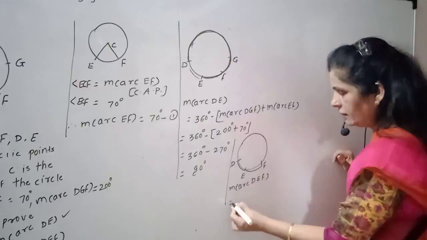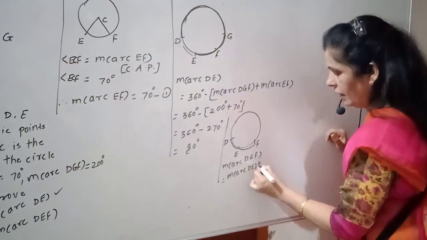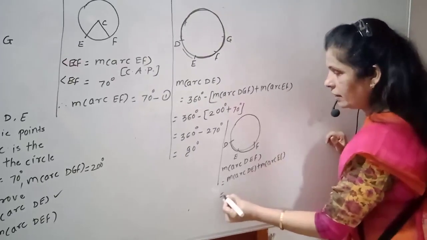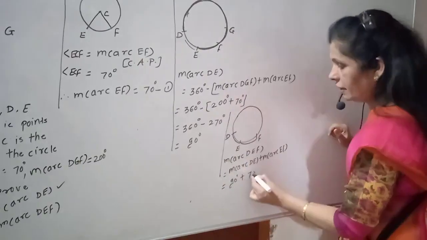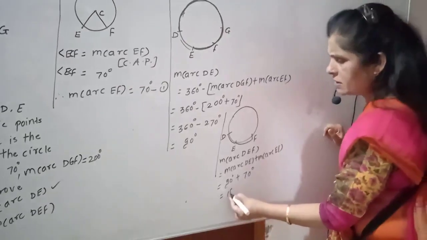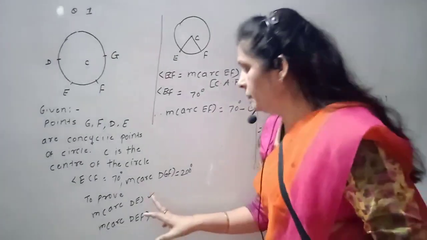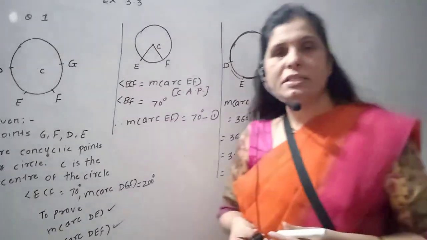I will add measures of arc DE and measure of arc EF. Now measure of arc DE is 90 degrees and measure of arc EF is 70 degrees. 90 plus 70 is 160 degrees. Hence, measure of arc DE is calculated, measure of arc DEF is calculated.